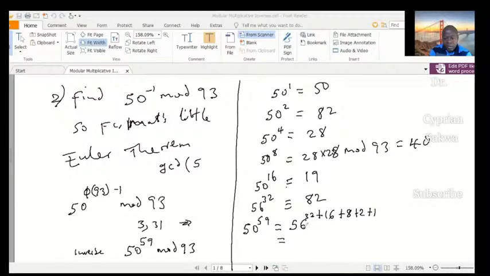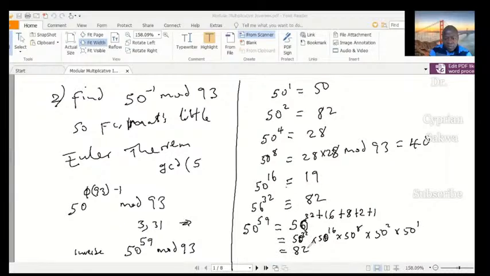So this is the same as 50 raised to 32 times 50 raised to 16 times 50 raised to 8 times 50 raised to 2 times 50 raised to 1. But 50 raised to 32 is 82.